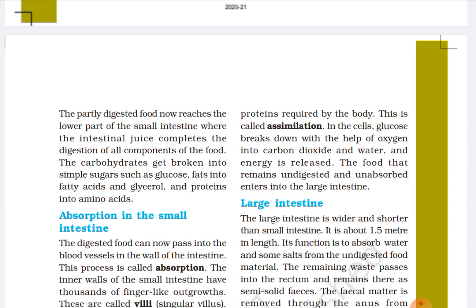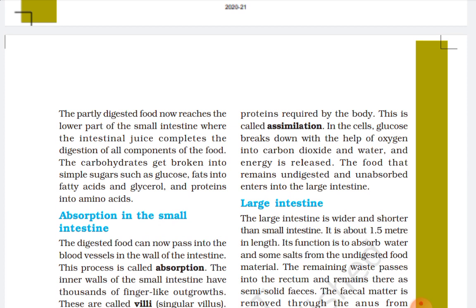This is called assimilation. In the cell, glucose breaks down with the help of oxygen into carbon dioxide and water, and energy is released.